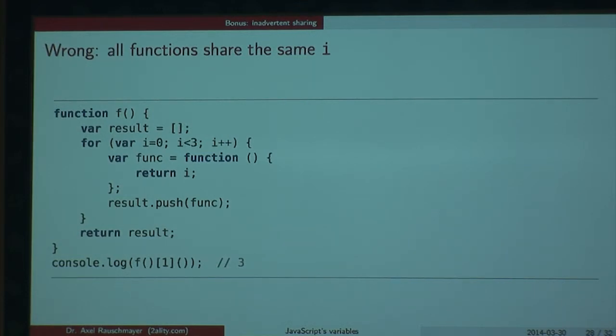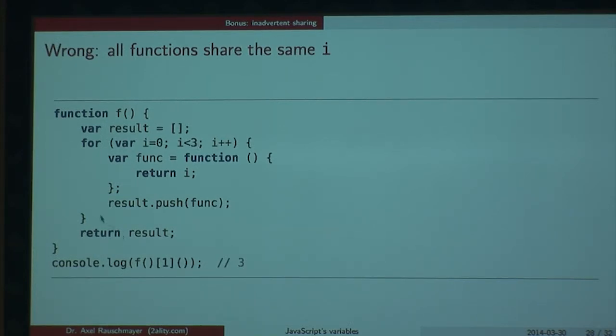Yes, because due to a closure, each function has a live connection. It doesn't lose the connection to i. After the loop is done, the value of i is 3, because we've counted up.